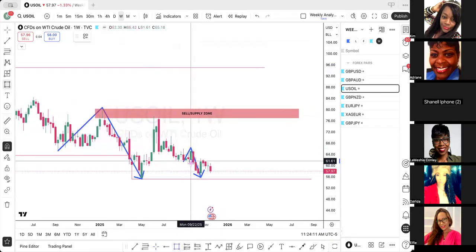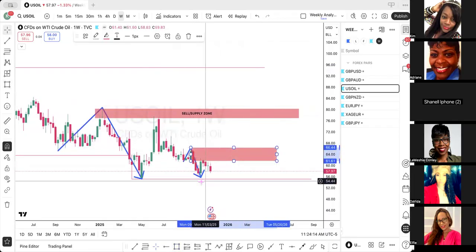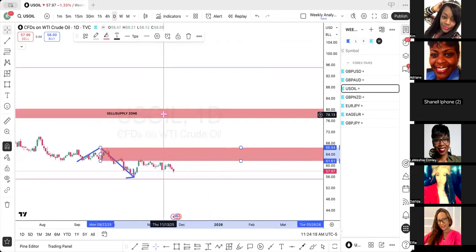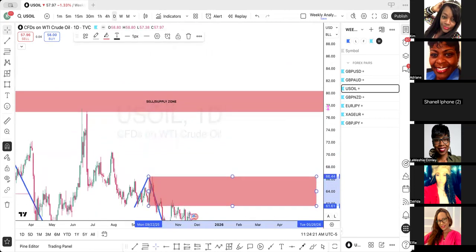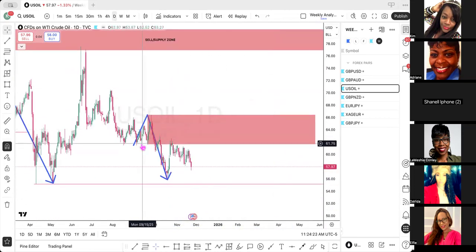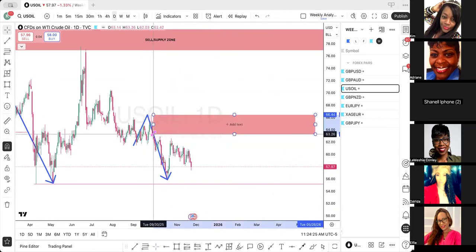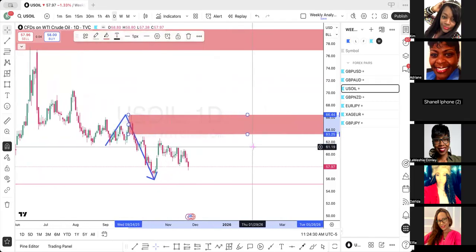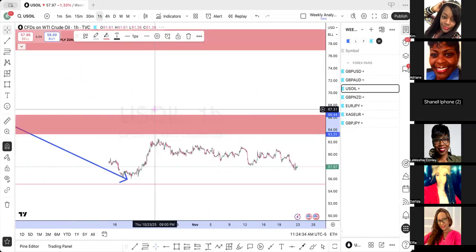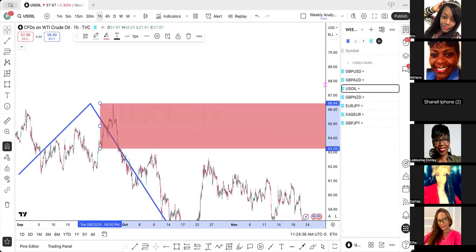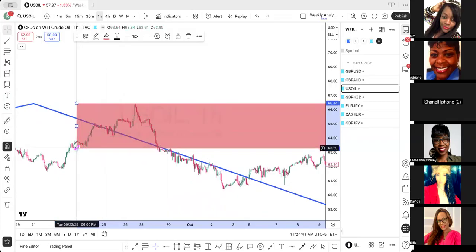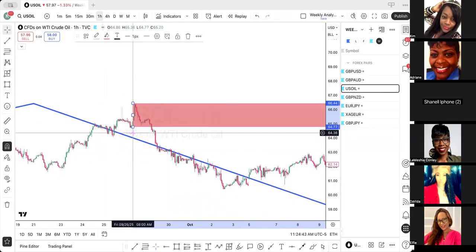So let me mark that up as my current structure, which got tapped into. Let's go to the daily. So we're going to narrow this zone down to the smallest zone we could find. And I'm just going to go to the hour. And I'm just going to mark up this zone here.